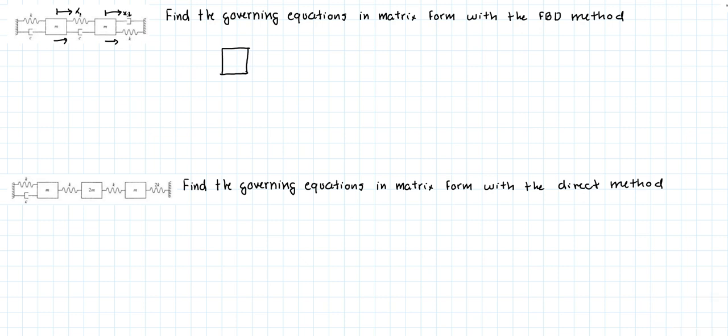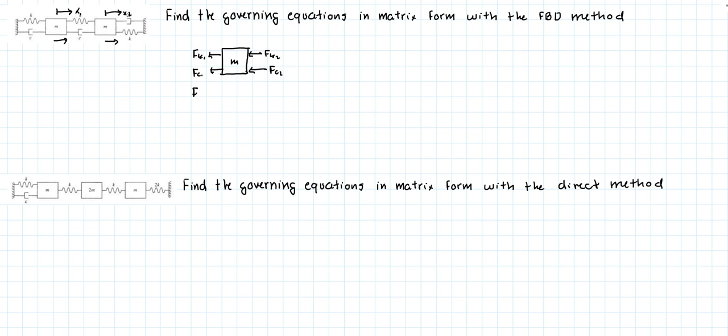If I do that, I will expect a force on the left side from the first spring, and also from the first damper, a force to the left from K sub 2 and C sub 2.